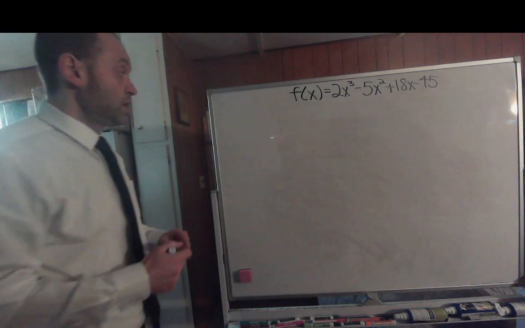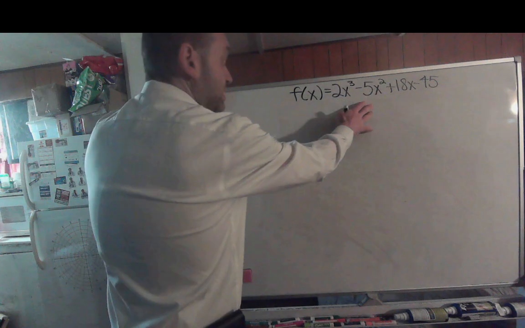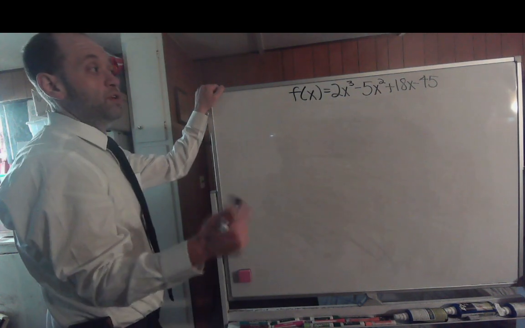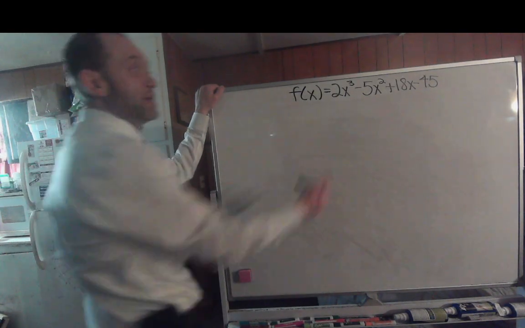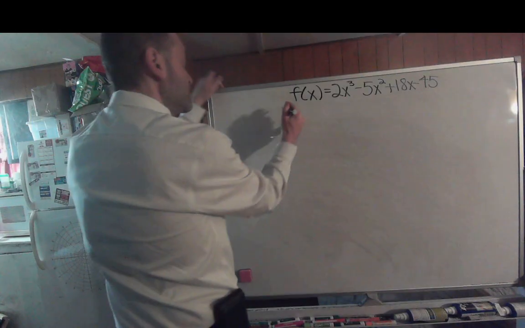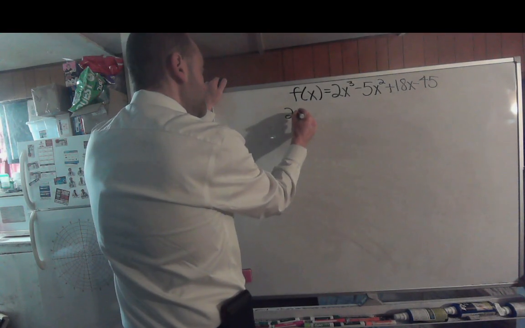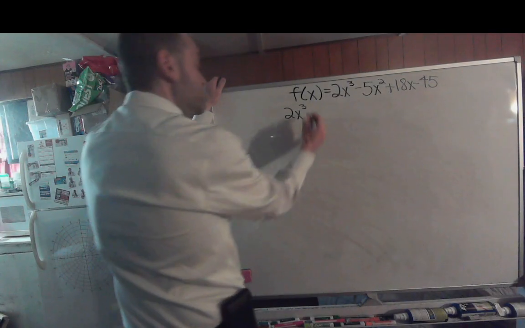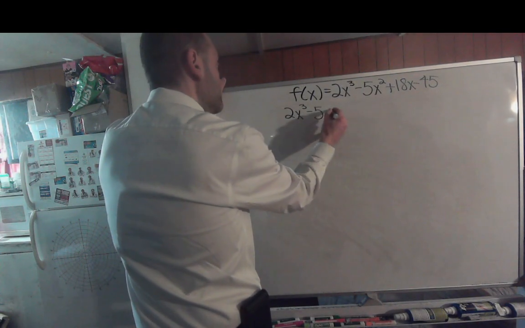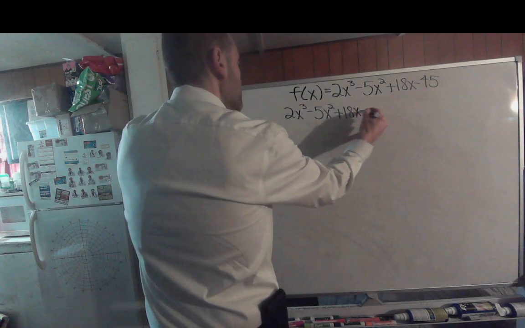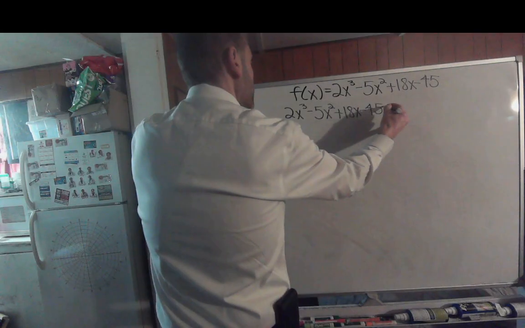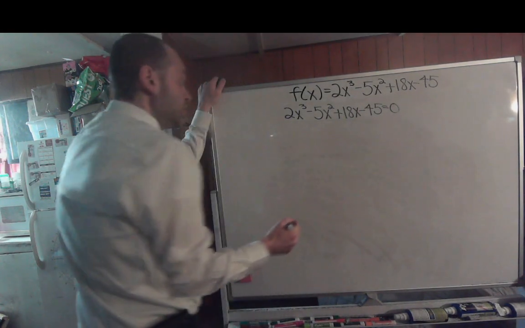So if we look at this, once again, we really don't need to break out synthetic division. We can just factor this by grouping. So let's set this equal to 0. 2x to the third minus 5x squared plus 18x minus 45 equals 0.